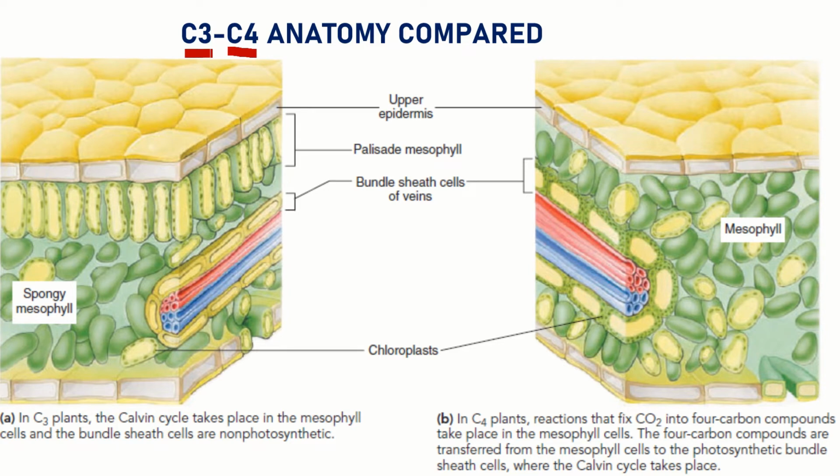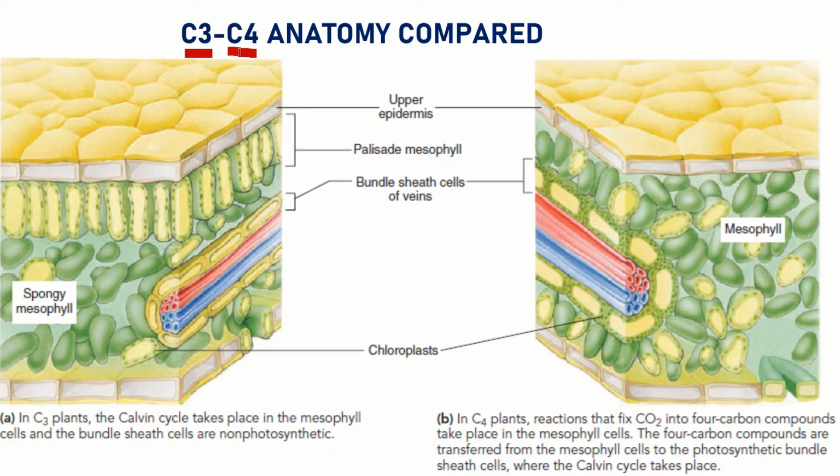C3 pathway is the photosynthesis we studied so far, in which the first product of photosynthesis is a 3-carbon compound. While in the new pathway, which is actually better evolved, we call it C4 pathway simply because the first product of photosynthesis, the first product of carbon fixation will be a 4-carbon compound.